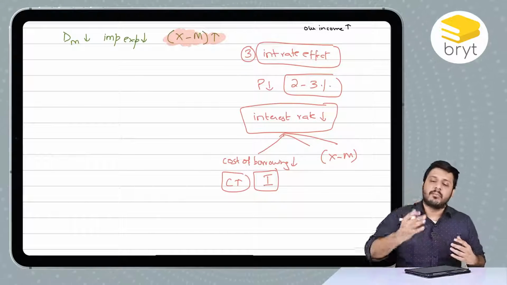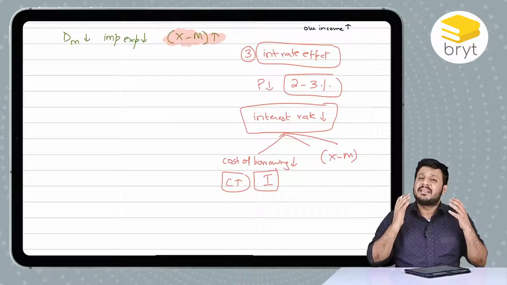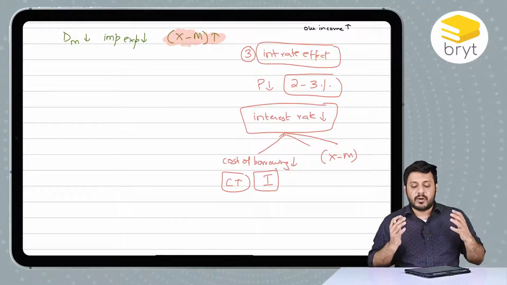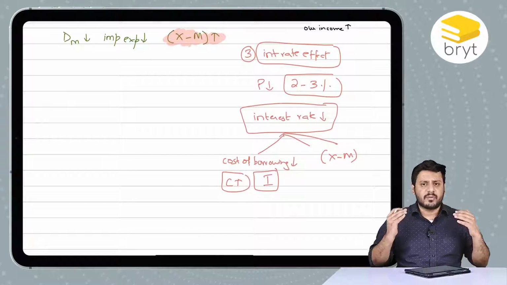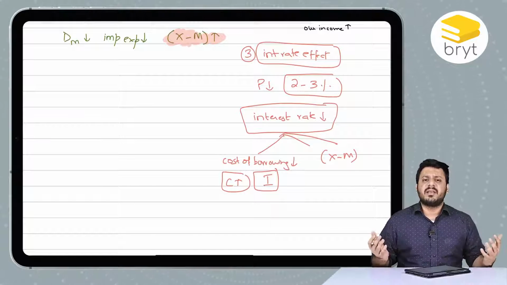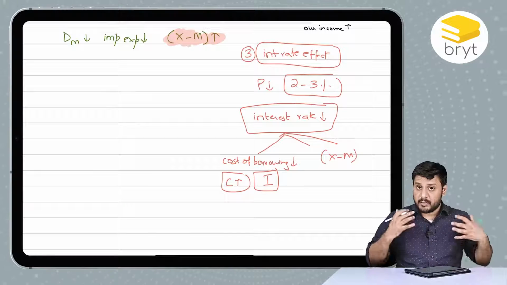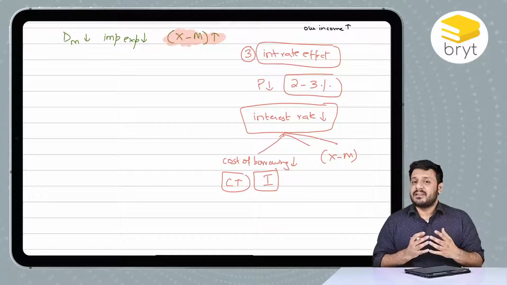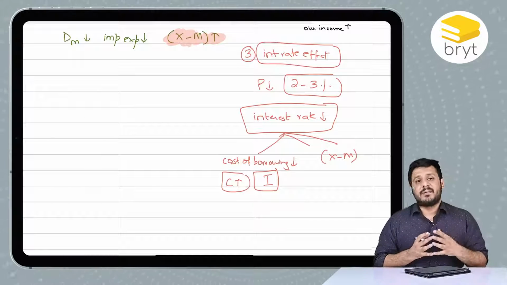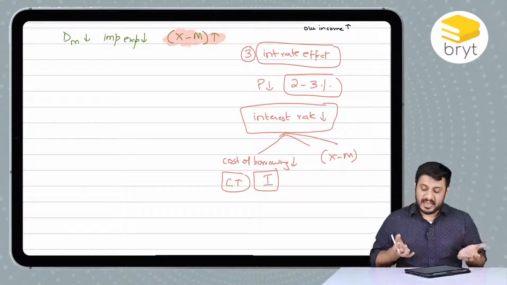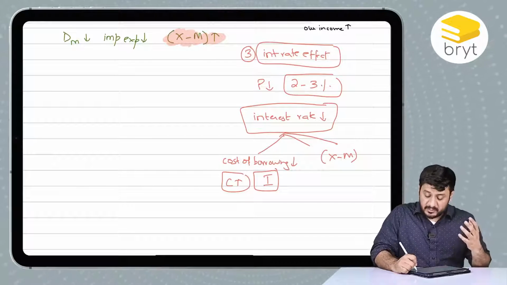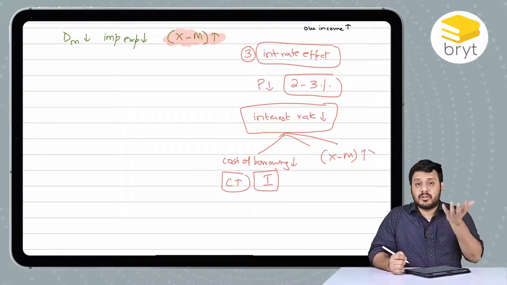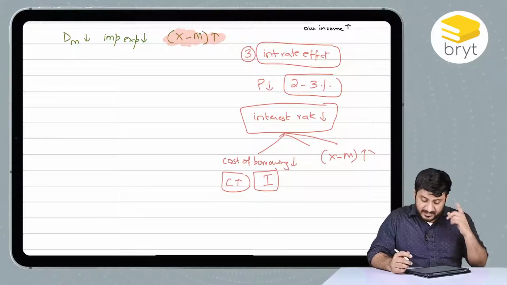So that would decrease the hot money inflows, and that would decrease the demand for our currency. And when demand for our currency goes down, our currency would depreciate. It would weaken our exchange rate, and a weakened exchange rate makes our exports cheaper, while it makes our imports expensive. So again, the value of our net exports would go up.